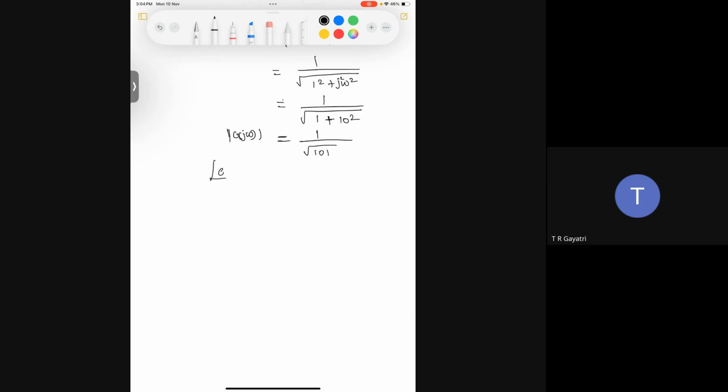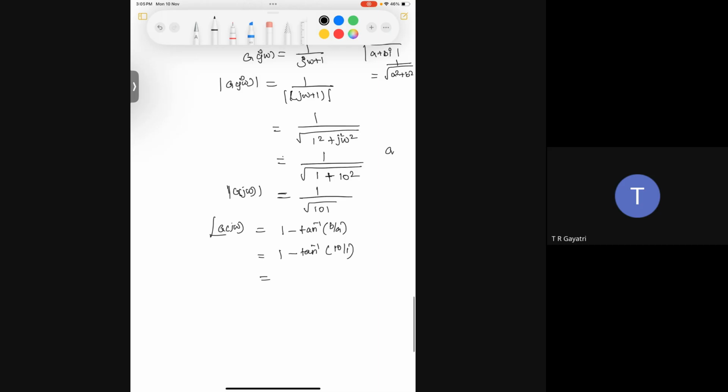Similarly, phase, how do you write? Numerator minus denominator. So the numerator angle is 0, minus the denominator, which would be tan inverse of b by a, where the complex number is a plus jb.